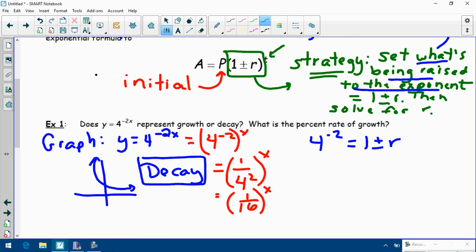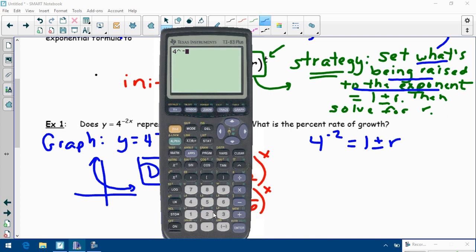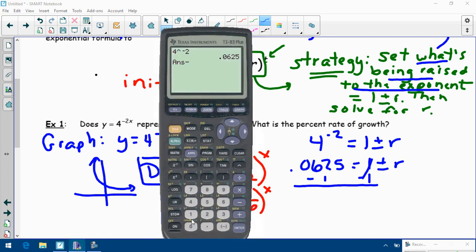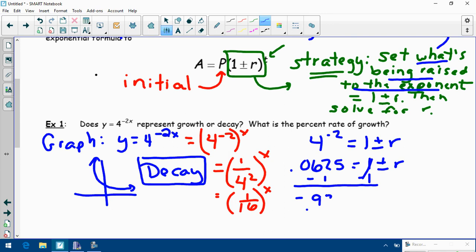Okay, so we know that's 1/16, but if I want to get it as a decimal, I could just do 4 to the negative 2, which is 0.0625, equals 1 plus or minus r. Subtract 1 from both sides. So take that, minus 1, and I get negative 0.9375 equals r.